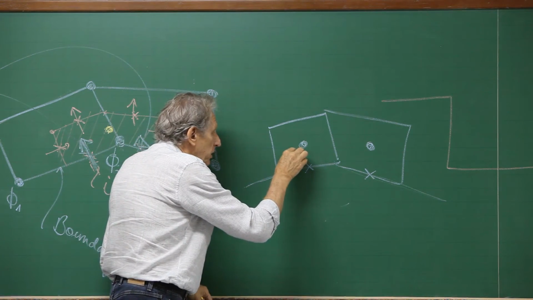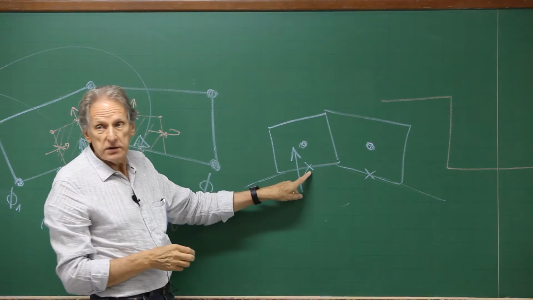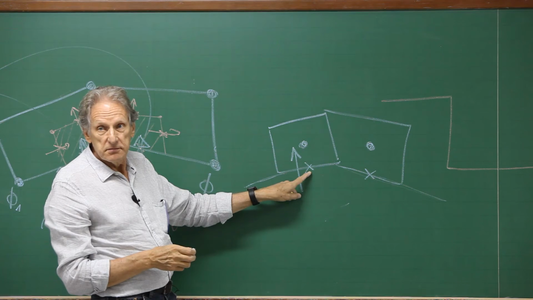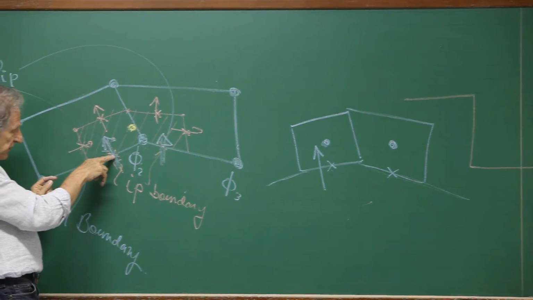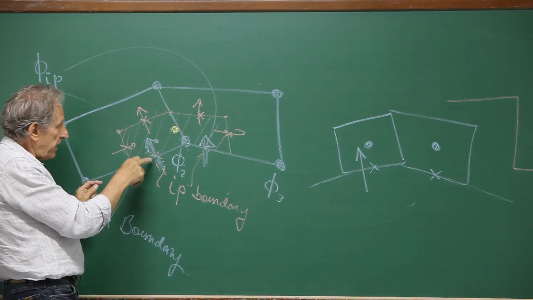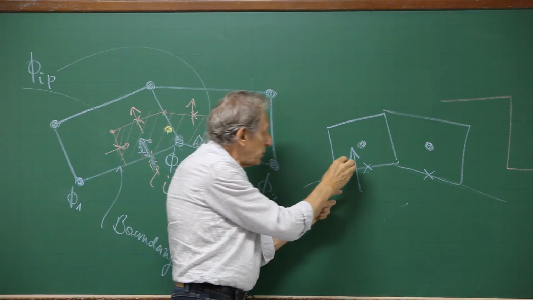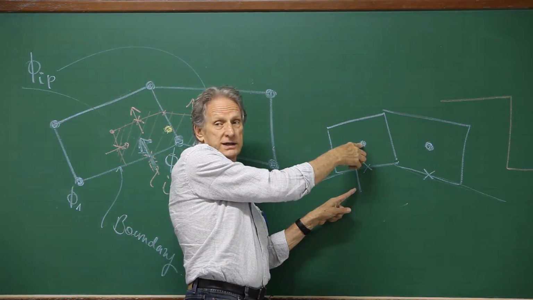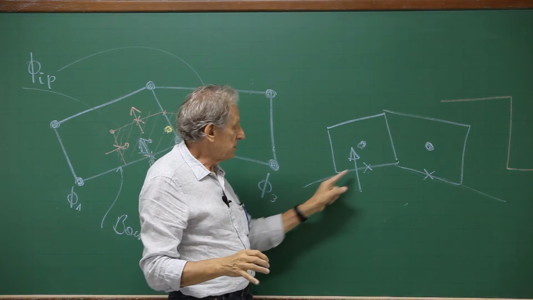But in order to calculate the flux here, you will use this point and this point. It's similar. Because I'm specifying here, I'm calculating a flux which will involve other interior points. Here, I will calculate a flux which involves one interior point, but it's very, very similar.